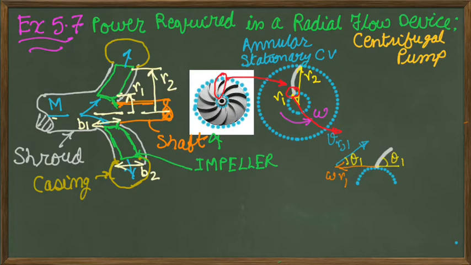So in this case, when the fluid enters the impeller, the absolute velocity with which the fluid enters is along the radius. So there is a radial entry. You can see that this is a radial direction. So the absolute velocity is entering radially. Absolute velocity has two components, radial component and tangential component.